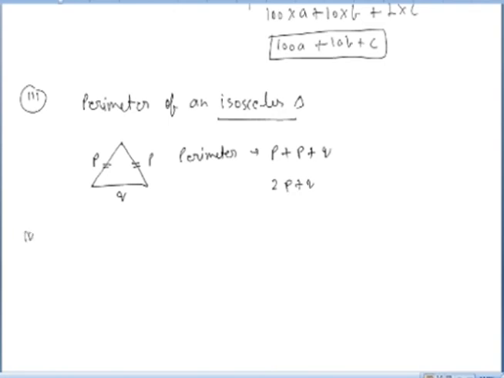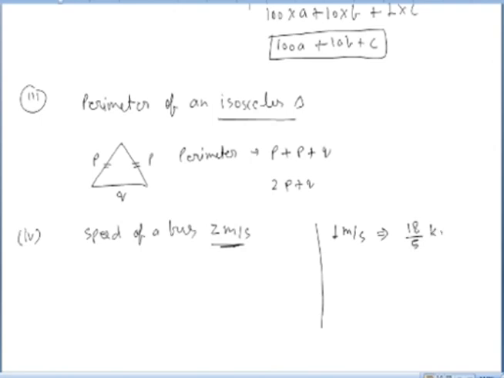And the question number 4. The speed of a bus is z meter per second. Okay, and we have to convert this into kilometer per hour. So there is one thing I want you to remember. Whenever we have to convert meter per second into kilometer per hour, simply multiply by 18 by 5.